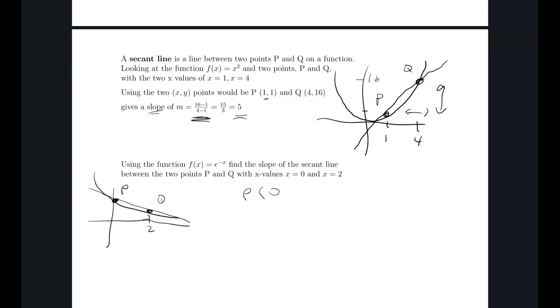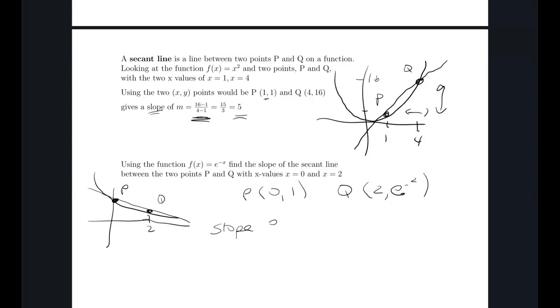So my point P is (0, 1), putting 0 into here to get 1. My point Q would be the point (2, e to the negative 2). All right, so I'm going to find the slope by taking change in y values over change in x values.